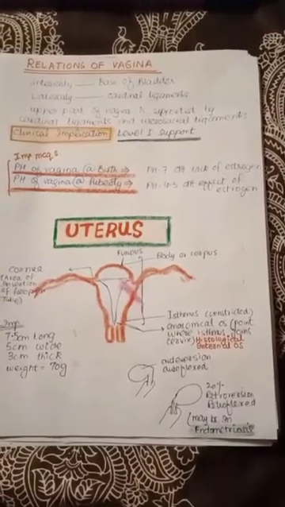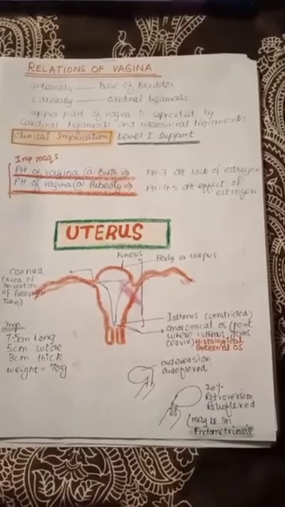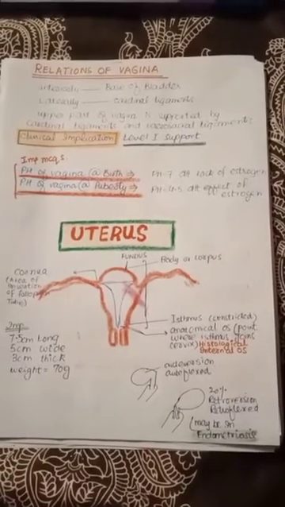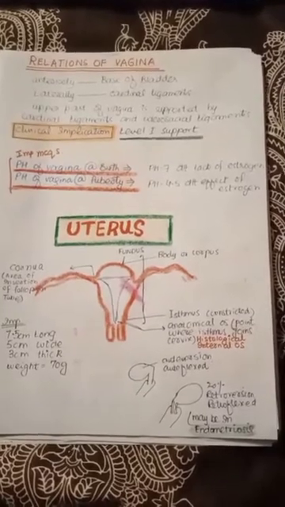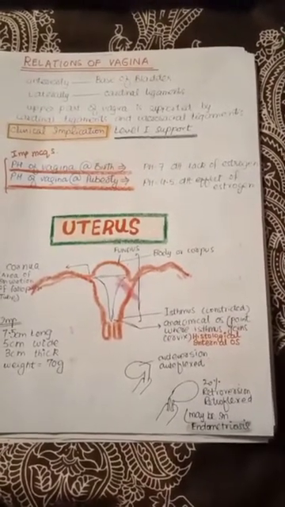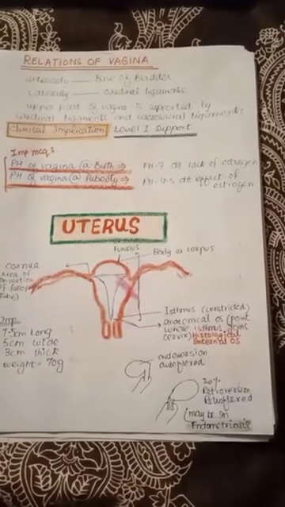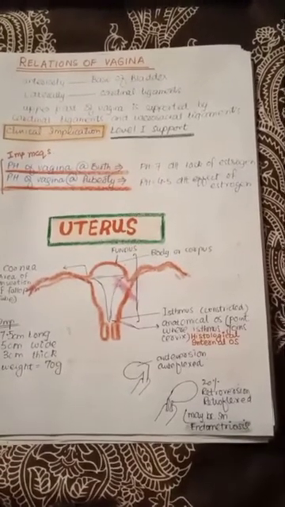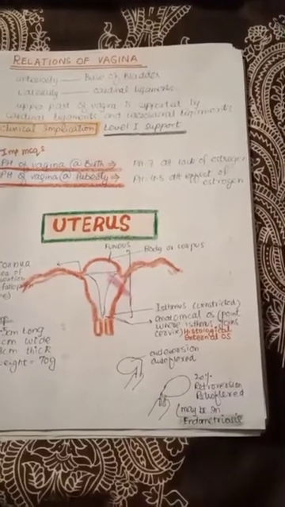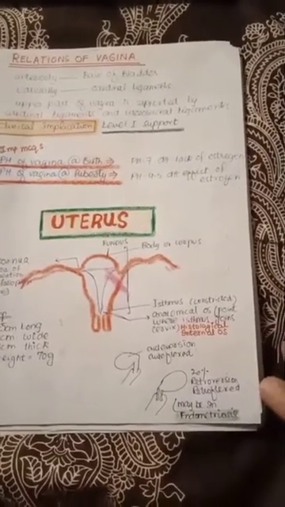So that was all about the vagina. A short summary: in the vagina, you should know the lengths of the anterior and the posterior walls. You should know how many fornices there are, what the support of the vagina is, and what the histology is. And the most important MCQ normally asked in the MCQ paper is the pH of the vagina, that is 4.5.